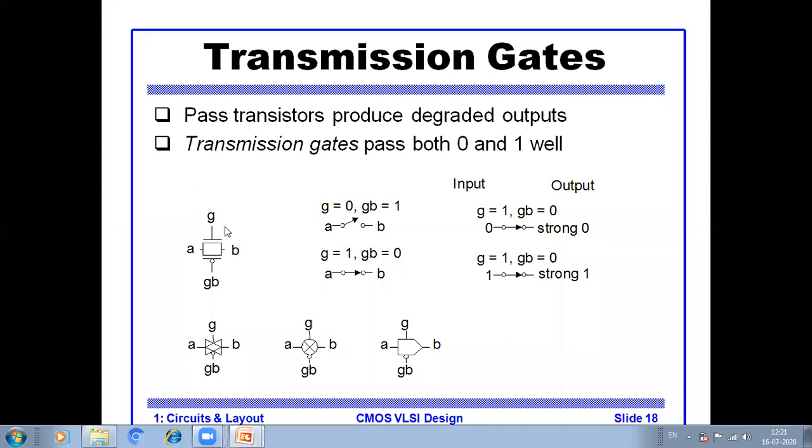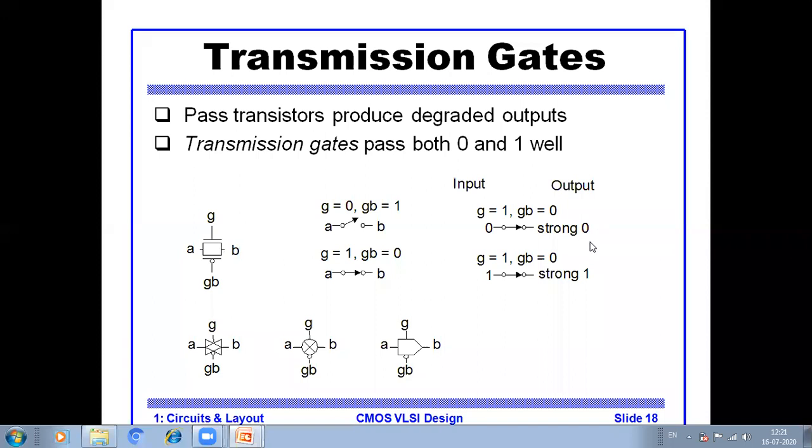When I apply G as 1 to the NMOS, GB, the complement, will be 0, and the gate acts as a closed switch, right? So when G is 0 it acts as an open switch, and when G is 1 it acts as a closed switch.